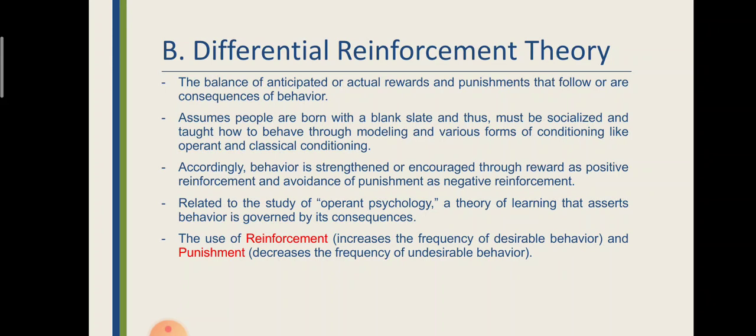Their actions were deterred by the punishment that they saw. That is what we call differential reinforcement theory. When the punishment decreases the frequency of undesirable behavior. So that is the differential reinforcement theory: the use of reinforcement and punishment.